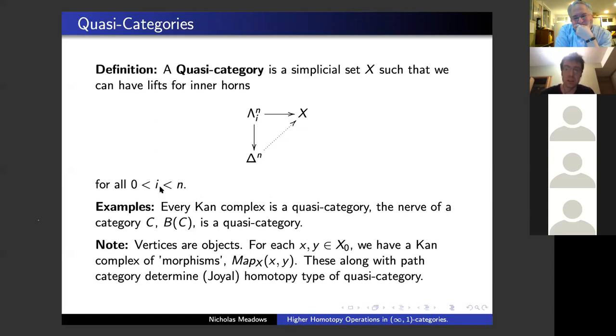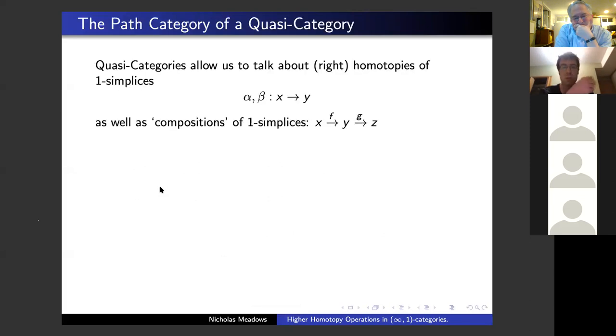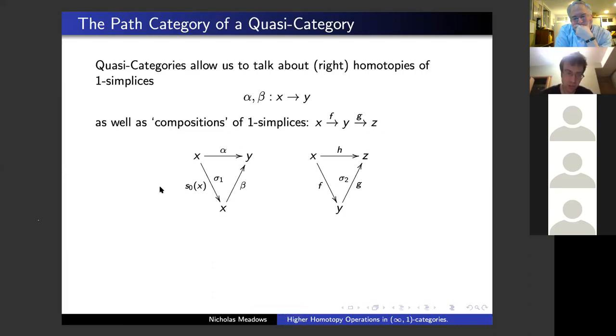So quasi-categories allow us to talk about right homotopies of one simplices as well as compositions of one simplices. If we have a 2 simplex with boundary as depicted, then we say that alpha and beta are right homotopic.